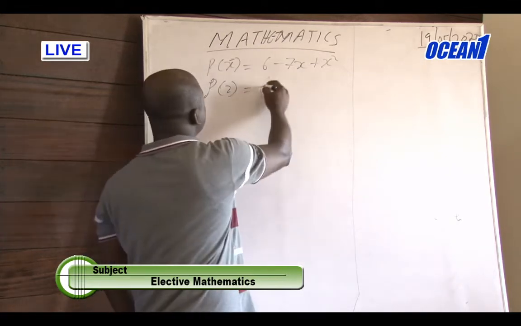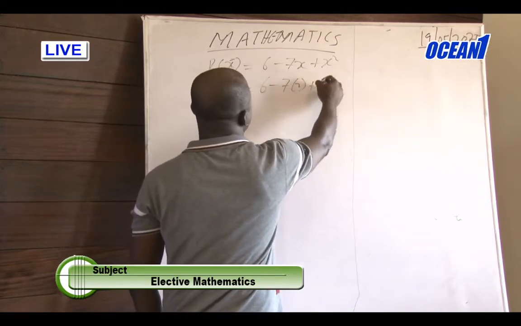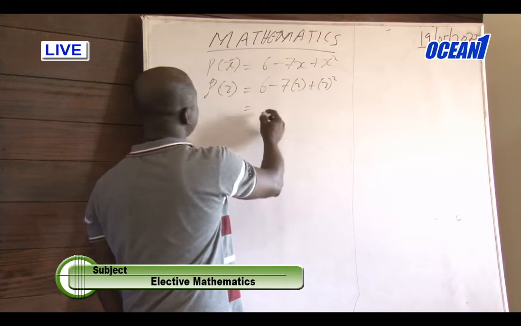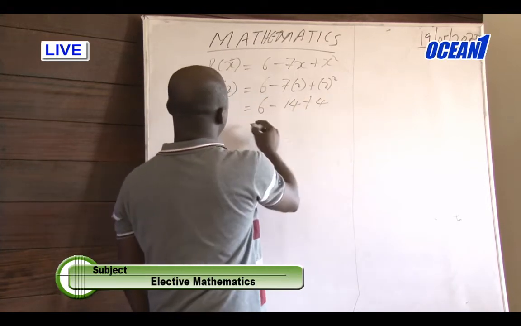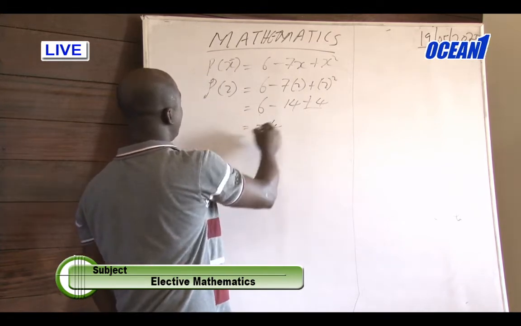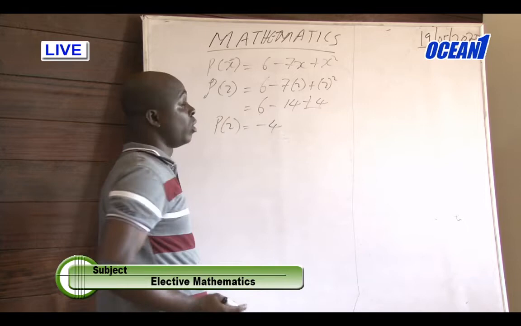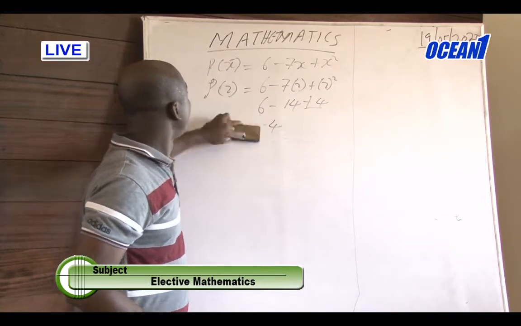That becomes 6 minus 7 times 2 plus 2 squared, which gives us 6 minus 14 plus 4. Adding 6 and 4 gives 10, minus 14 gives negative 4. So p of 2 would be negative 4, the same way as we discussed for functions.